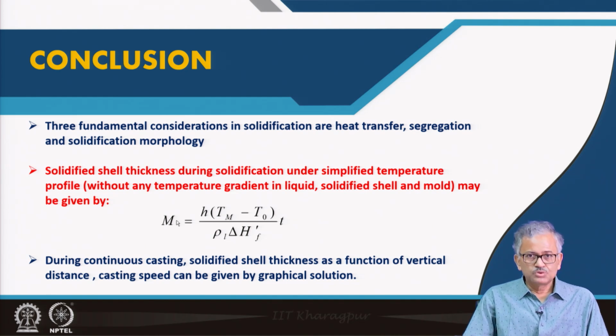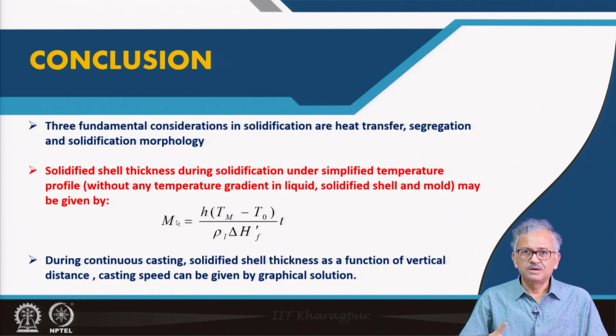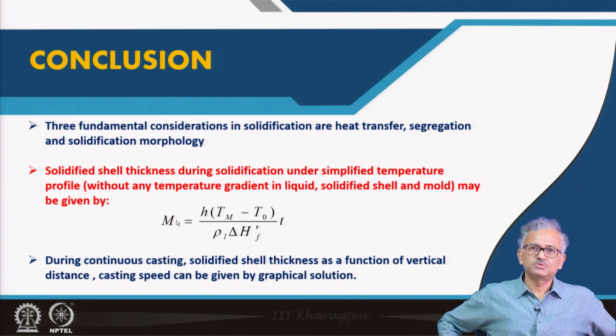But anyway, we have given some improved models such that you can calculate more accurately, but the accuracy does not end there. If you go for CFD, you can compute the temperature history in the liquid steel inside the mold, and then you will get a much more appropriate expression.